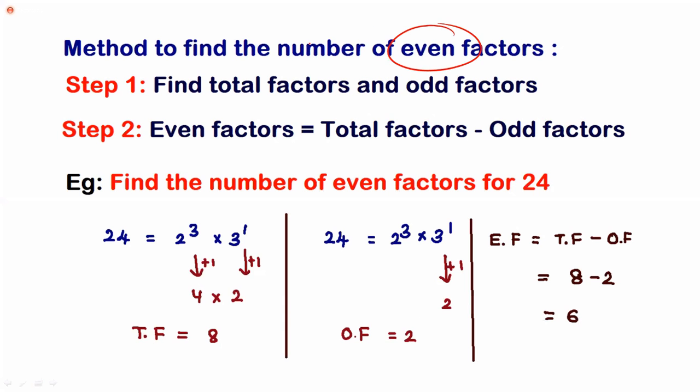Similarly, sometimes there is a question where you have to find the even factors. How to find the even factors is very simple. The total factors are either even numbers or odd numbers, right? Factors start with 1, and there are no negative factors. Any number which has exactly 2 factors is treated as a prime number.